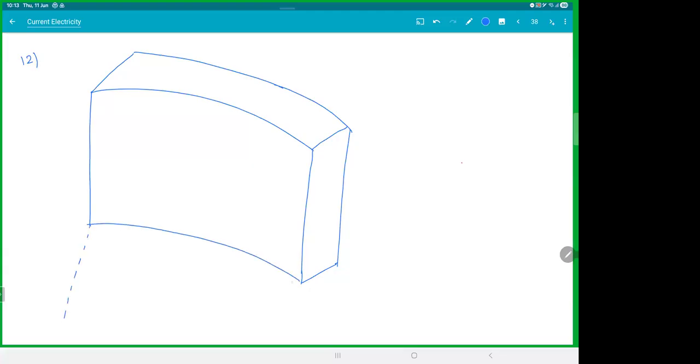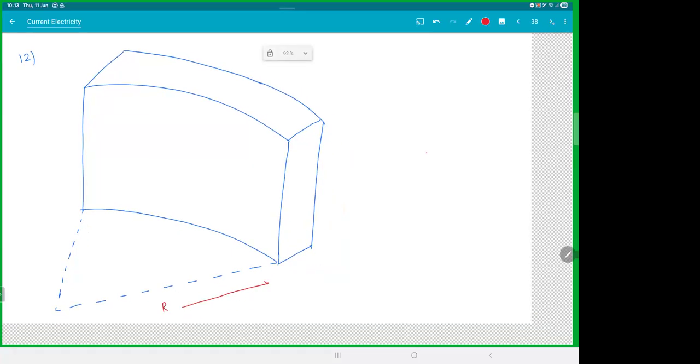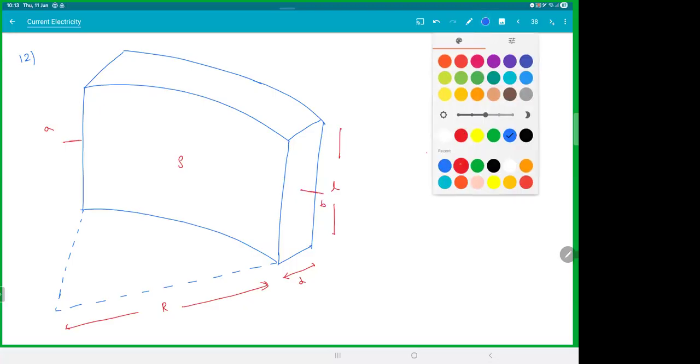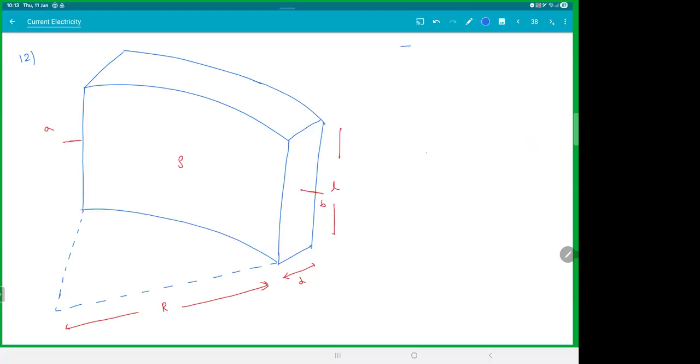So we got a part of a cylindrical piece. This is your radius R. This was distance D. This was length L. This was rho. The battery is connected between this point A and B. The top view looks like this.